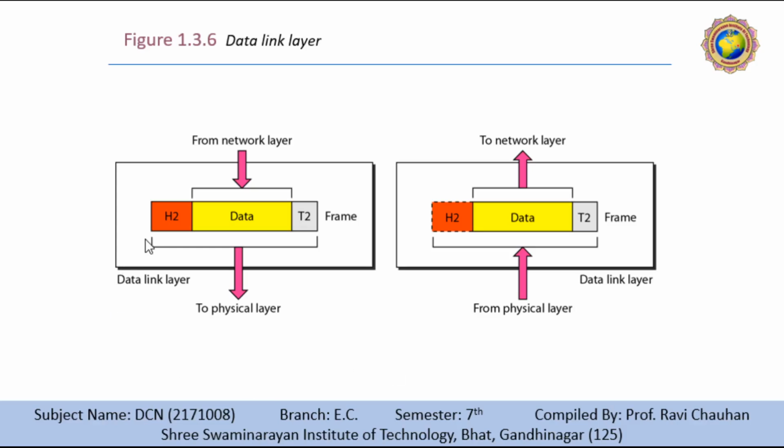You can see in this figure H2, data, and T2. H means header, T2 means trailer. Same thing is at the receiving end. The detailed structure of the frame we are going to see in the next chapters.